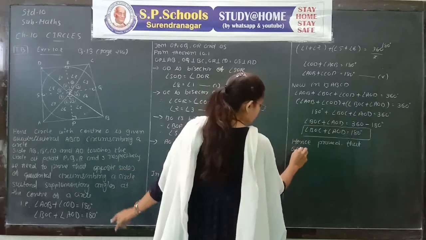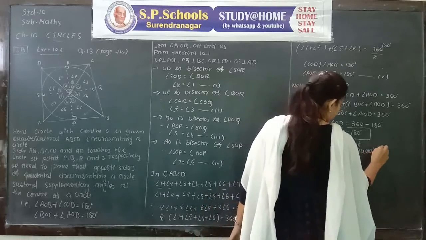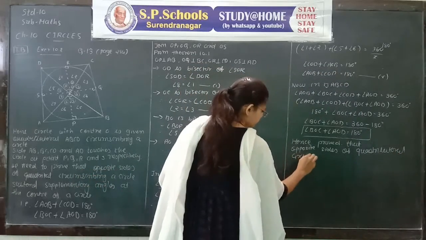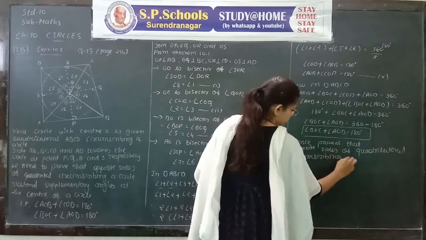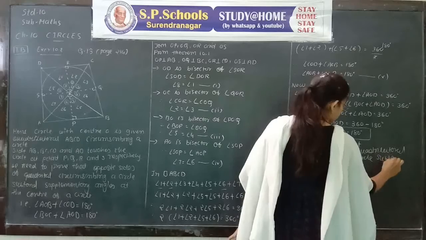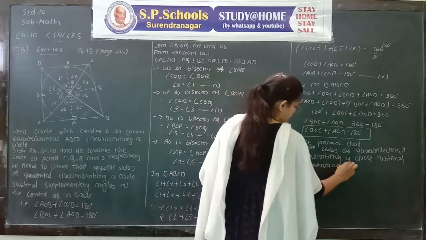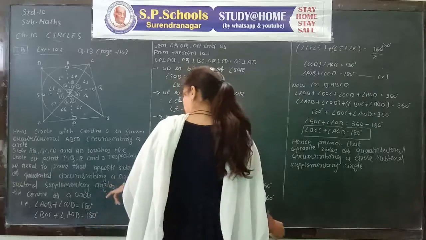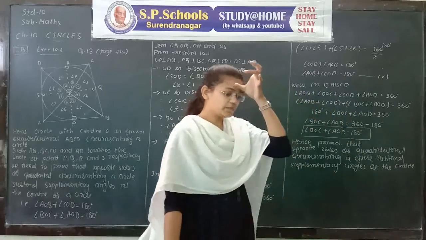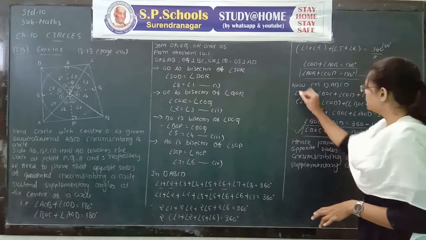Opposite sides of a quadrilateral circumscribing a circle subtend supplementary angles at the center, because by the property of supplementary angles the addition of the two angles is 180, and hence proved in result number 1 and at the last.